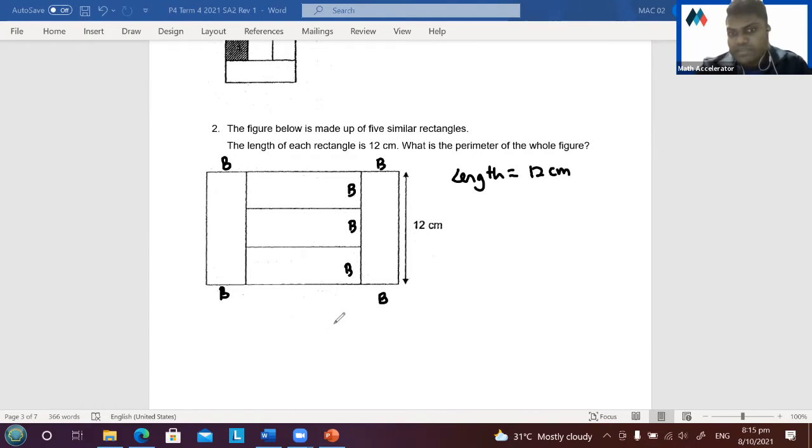Okay, class, can you type in the chat? How many breadths equal one length? Just by observation. Okay, very good. 1, 2, 3. 3 breadth equals 1 length.